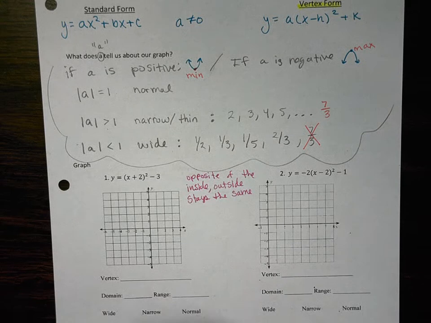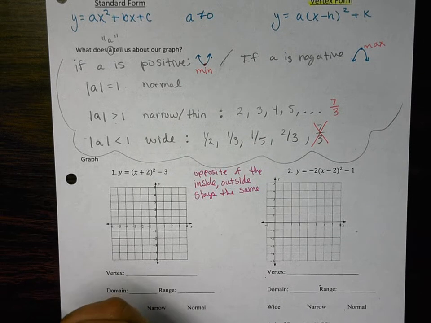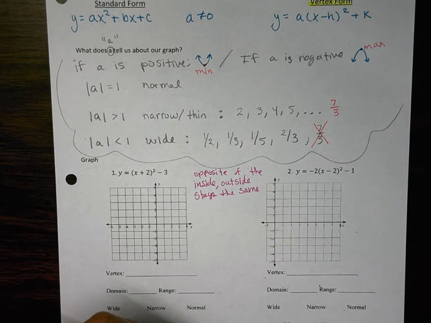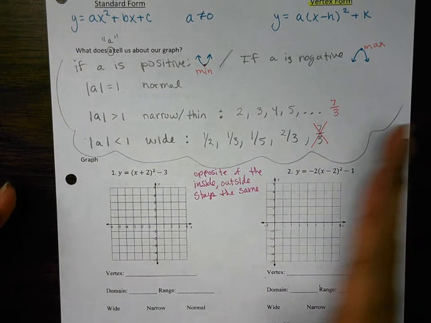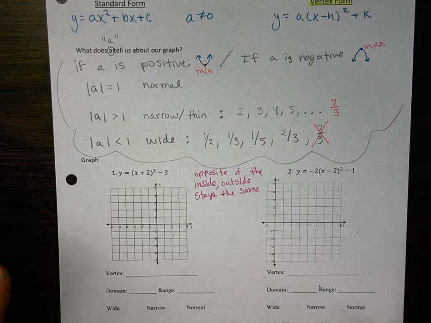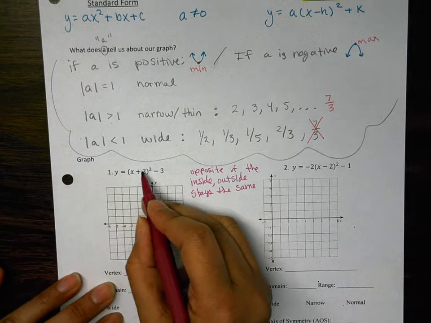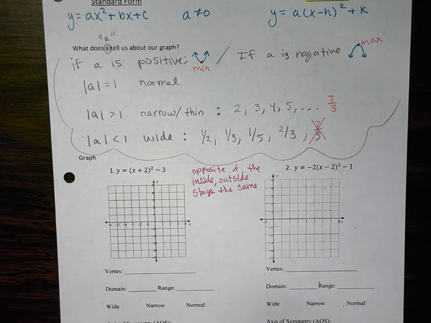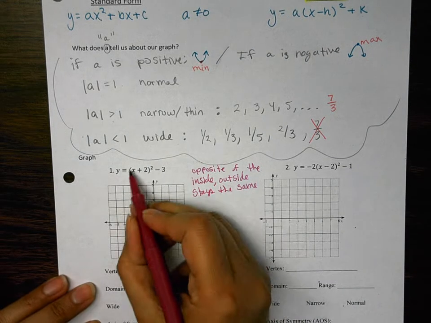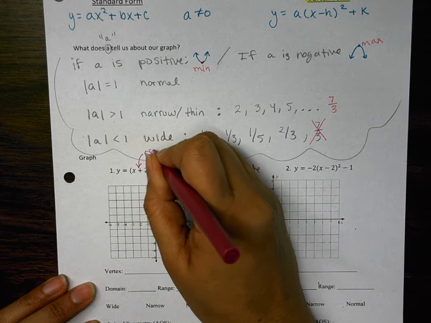Okay. Now, I will tell you this. What I'm about to tell you right now, you are going to use the whole first few months of Math 3. What I'm about to show you, you're going to be doing over and over and over with different types of graphs. Are we ready? Okay. Whatever's inside your parentheses, or it might be an absolute value, or it might be a square root, whatever's on the inside is always a right or left translation.